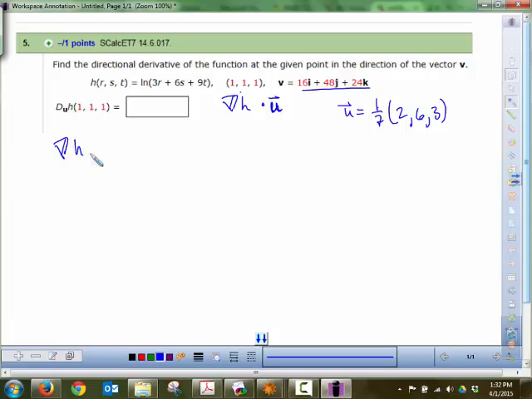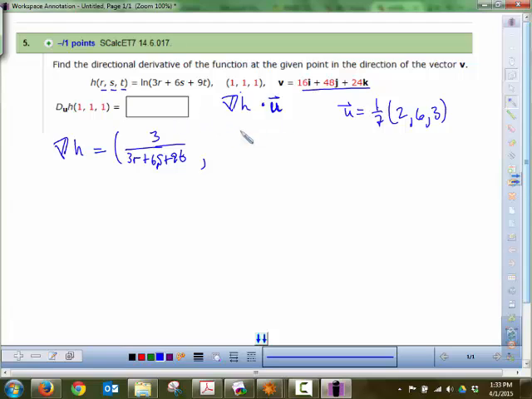The gradient of h is our next step, is to take the derivative of this with respect to r, s, and t. So if I take the derivative of this with respect to r, it's 1 over the inside of the ln, times the derivative of the inside with respect to r, so in this case it'll just be 3.